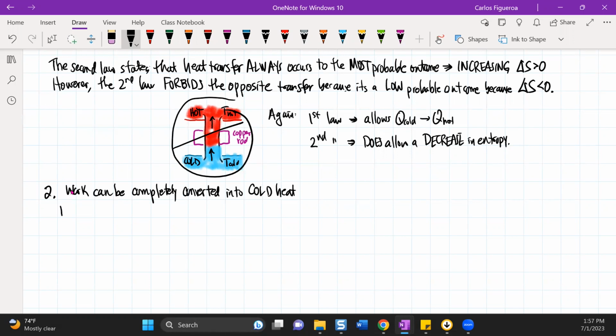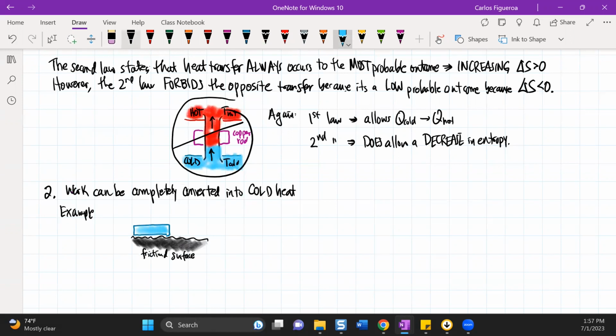As an example, let's look at a book sliding across a frictional surface. This right here represents my frictional surface.